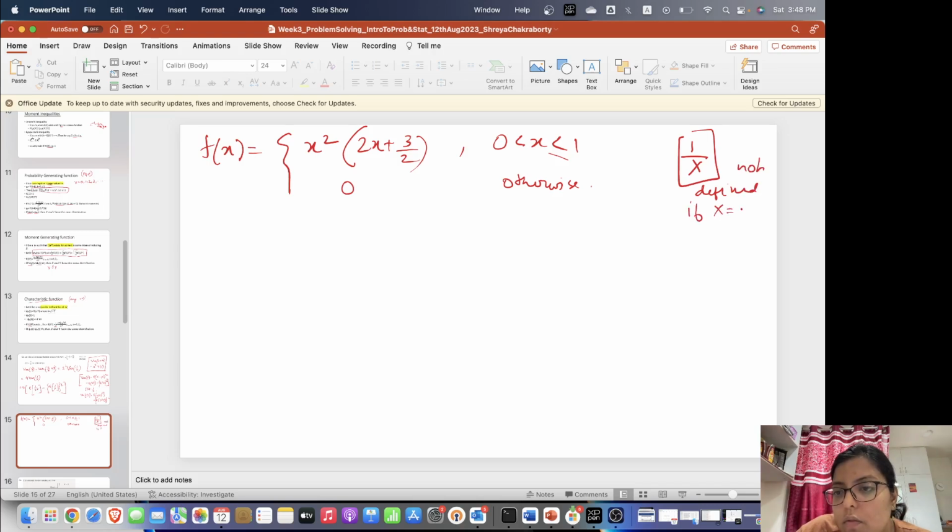If x equals 0, we would have some probability. So that is why it was incorrect to put less than or equal to over there.